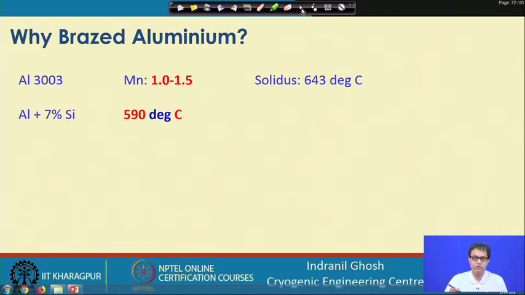Generally it is vacuum brazed; these units are made in a vacuum brazing furnace. So we need a very stringent temperature requirement for manufacturing this kind of heat exchanger.